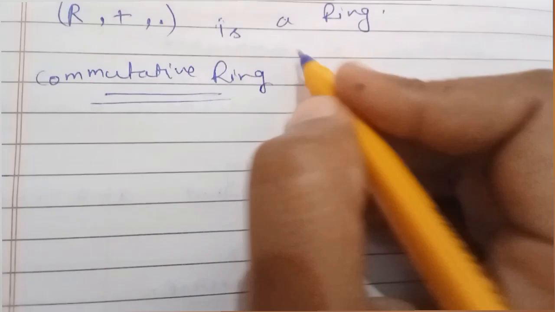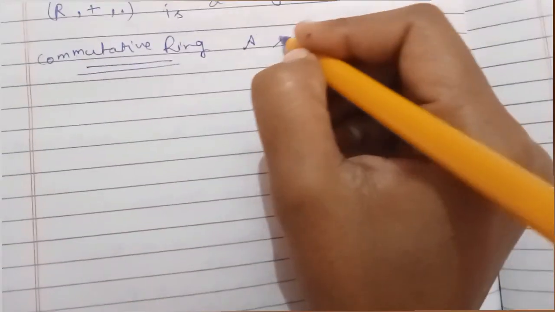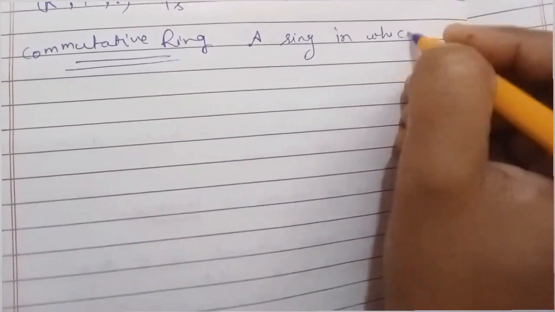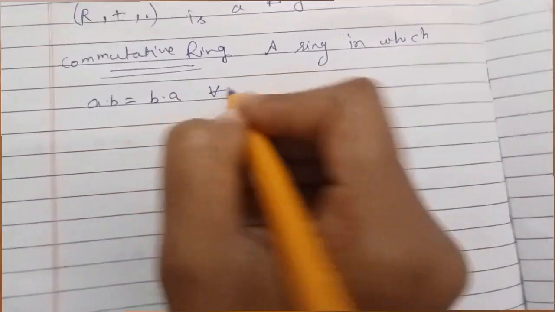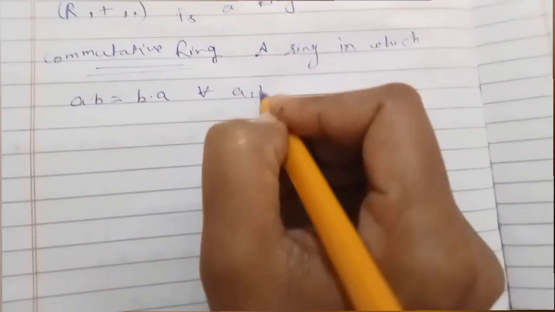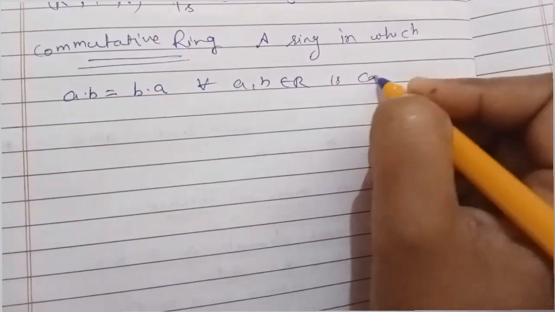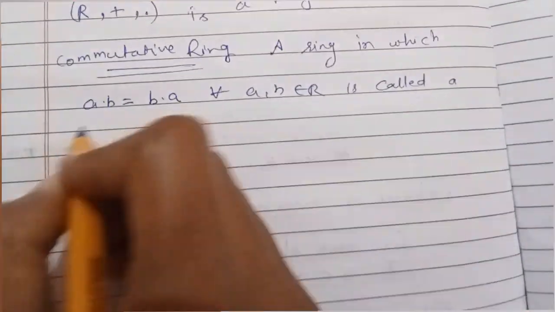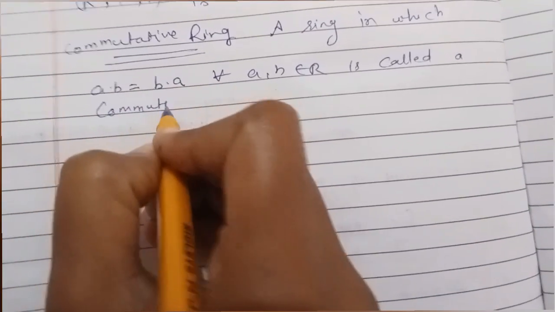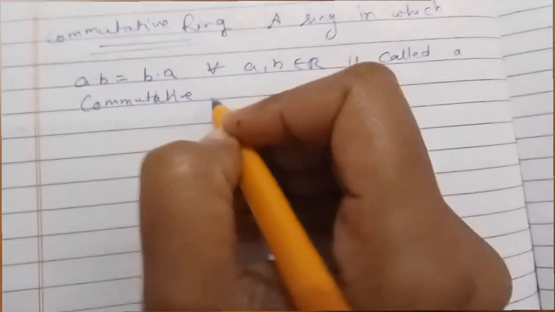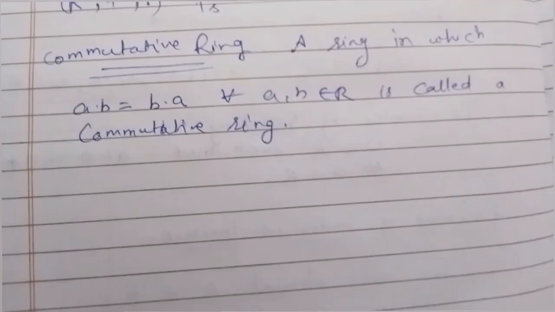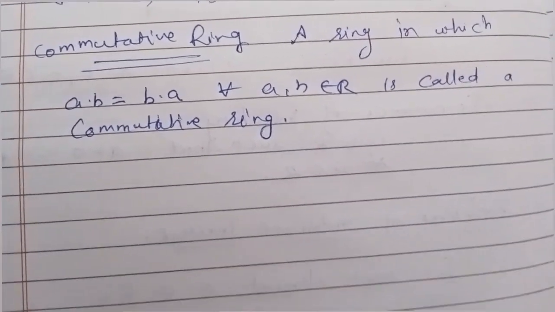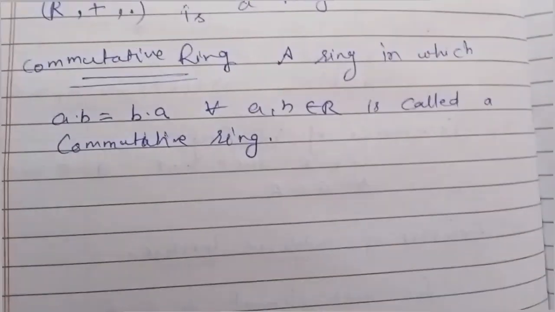So a ring in which A dot B is equal to B dot A for all A, B belonging to R is called a commutative ring. So the multiplication operation must be commutative, then we say that it is a commutative ring.